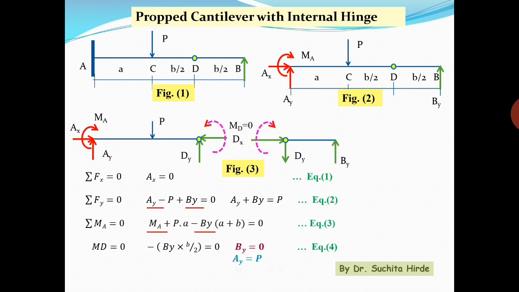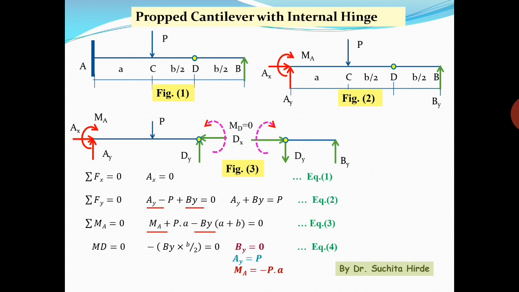So we can get Ma equal to P minus A. So here we have 4 unknowns and 4 equilibrium conditions, and therefore we can calculate all the reactions here. So by having the hinge at D, we get one additional equation, and therefore this structure, in which we can calculate all the reactions, is called a determinate structure.